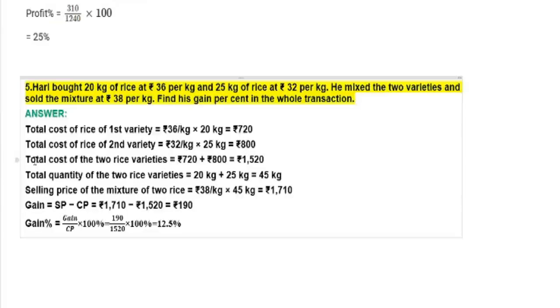Now you find the total cost of the two rice varieties. That will be the CP, including the cost of the rice of both types. So the total cost is 720 plus 800, equal to 1520. Now you find the total quantity of the two rices.